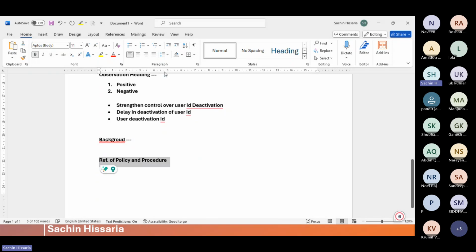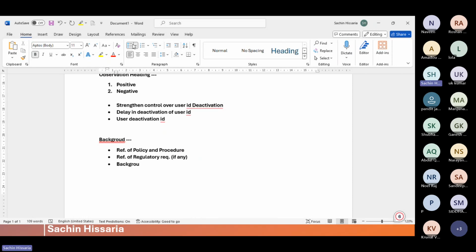We write references of regulatory requirements, if any. And if both are not there, then we write a generic background about that particular thing.